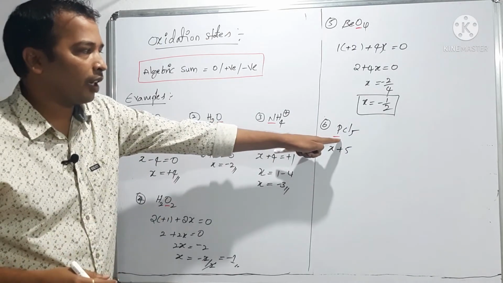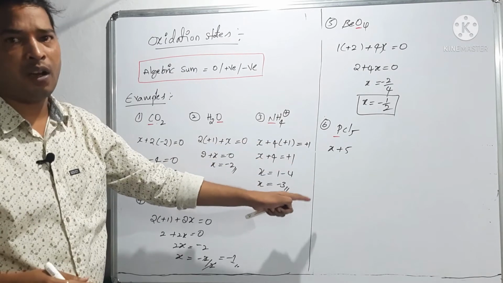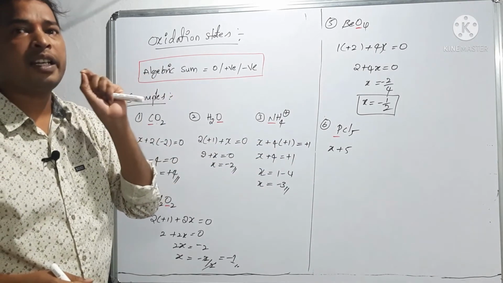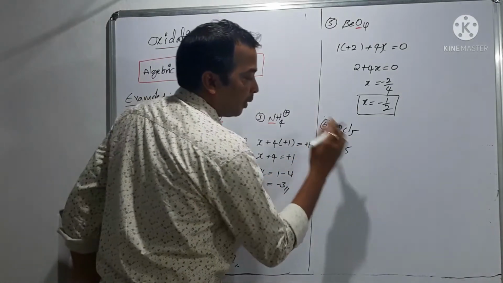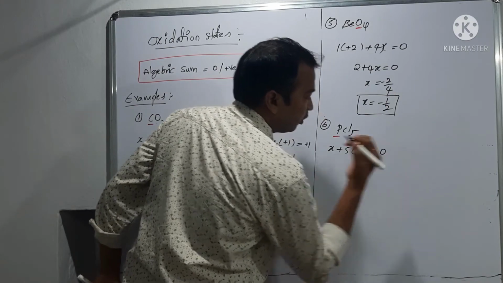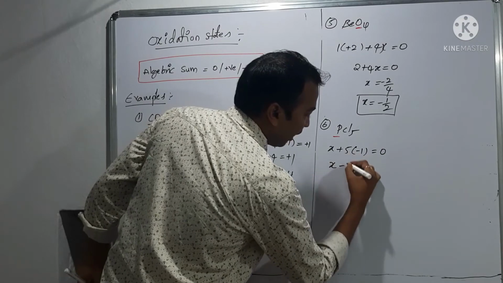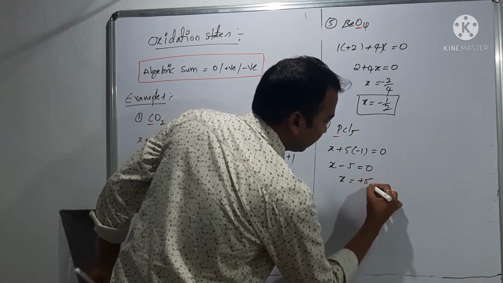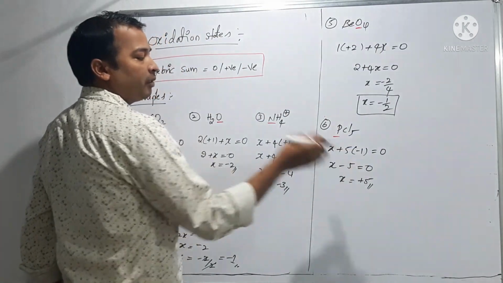So that's why halogens, that is fluorine, chlorine, bromine, iodine, always exist as single negatively charged atoms. So that's why here I am taking x plus 5 into minus 1 equals 0. So what we will get here, x minus 5 equals 0, then x equals plus 5. So the oxidation state of phosphorus in this one is plus 5.